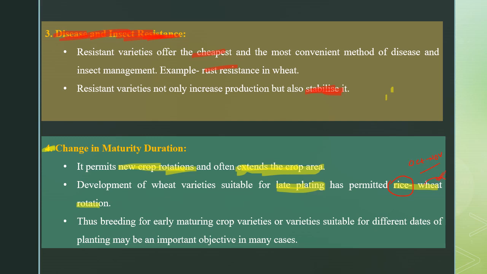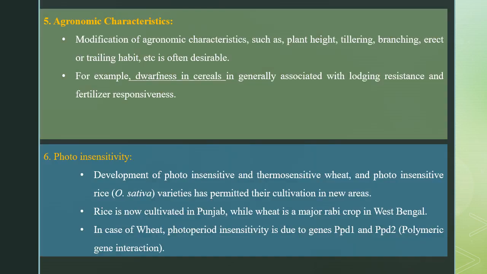So if we can sow our wheat variety somewhat late, we can get more of our desirable rice. Thus, breeding for early maturing varieties or varieties suitable for different dates of planting may be an important objective in many cases.